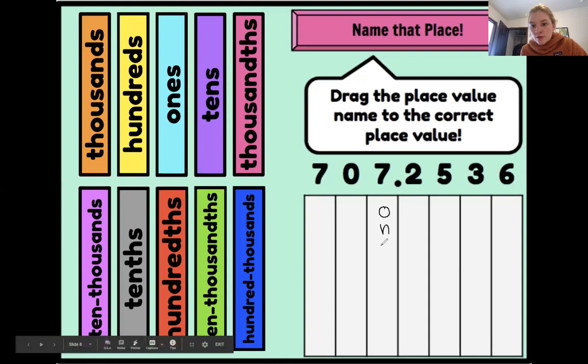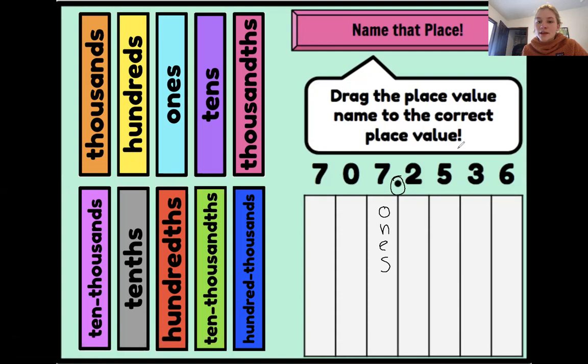So this 7 would represent the ones place. It's right to the left of the decimal point. Now I can choose to work left or right, however I want to fill it in. So I go ones, and then here is the tens, and then we have the hundreds.